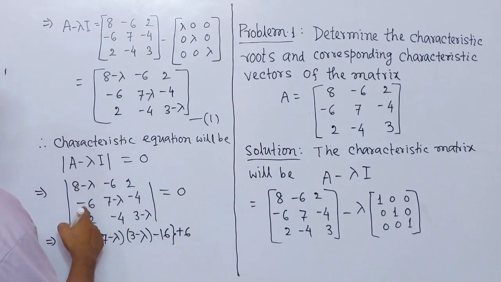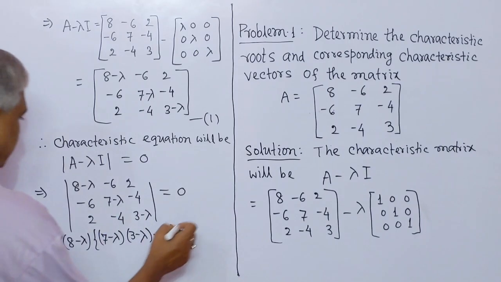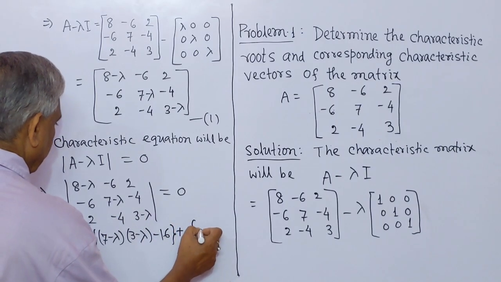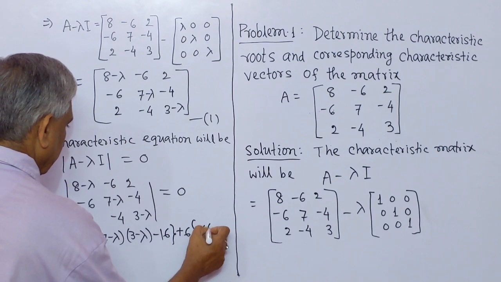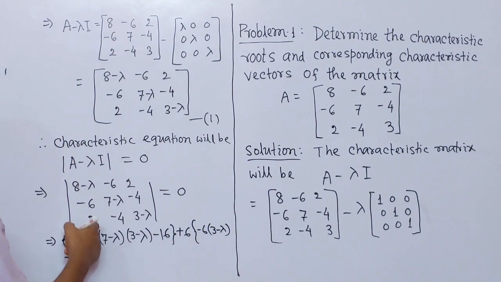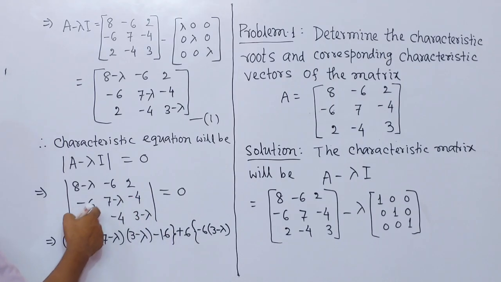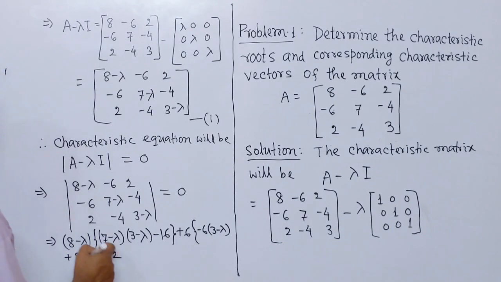Here minus 6 multiply 3 minus lambda minus 2 multiply minus 4 minus 8, and minus is plus 8, plus 2.